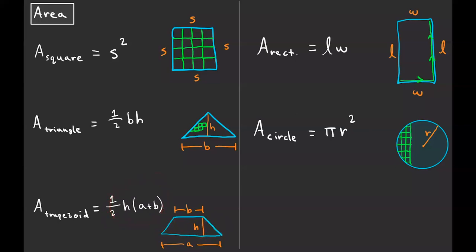And that's really what we're going to be doing in most of our examples. We're going to see complicated shapes that you can break up into these simpler shapes and use these formulas. So another example of exactly what I just said would be a parallelogram.